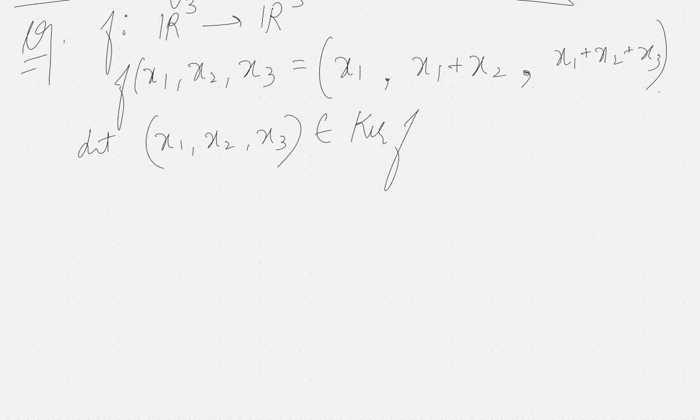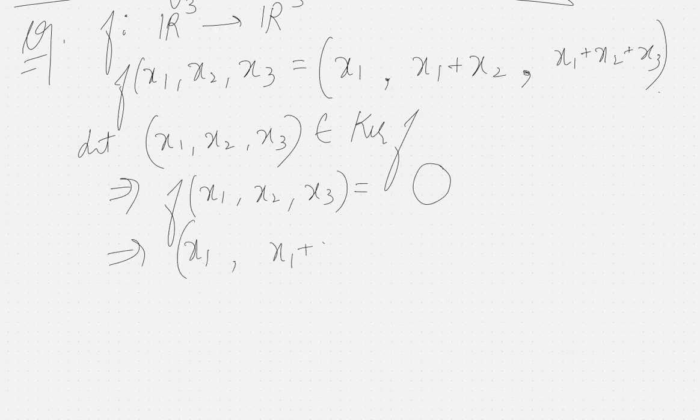If (x1, x2, x3) belongs to kernel f, what would it mean? By definition of kernel f, f(x1, x2, x3) would be equal to the zero vector, that is (0, 0, 0). So f(x1, x2, x3), which is defined as (x1, x1 + x2, x1 + x2 + x3), is equal to (0, 0, 0).